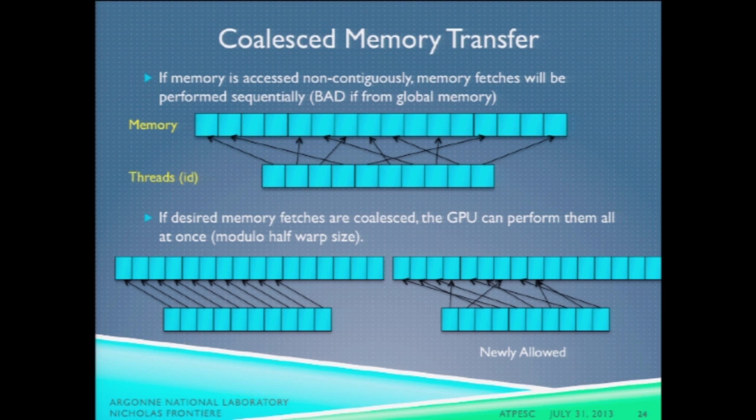One way around this is to coalesce memory transfers, which is kind of true no matter what you do. Even if you work on CPUs, this helps a lot. But basically, all this is saying is if I'm going to fetch from global memory, which I have to do because that's the 8 gigabytes, right? Local memory is small. So I'm going to have to grab stuff from global memory anyway. If the threads grab it sequentially, it can do coalesced fetches, send them in bigger chunks.